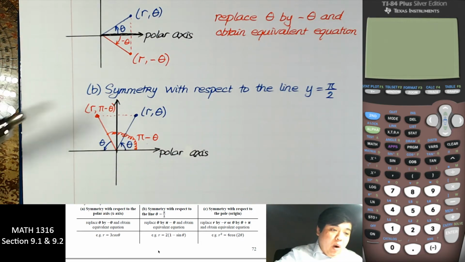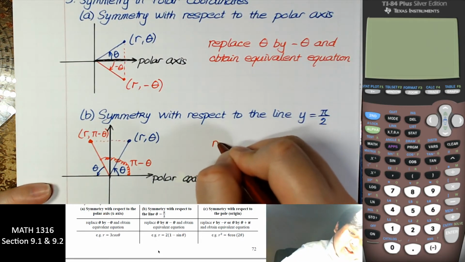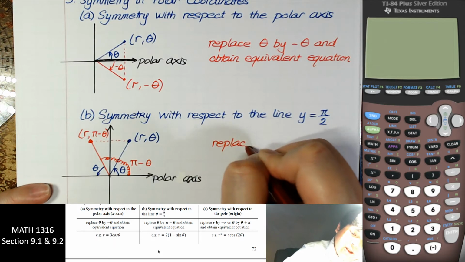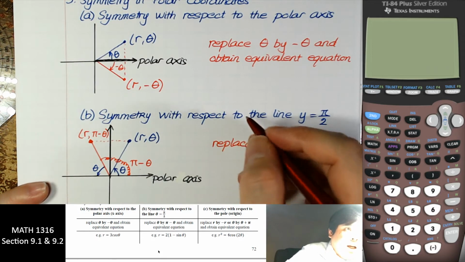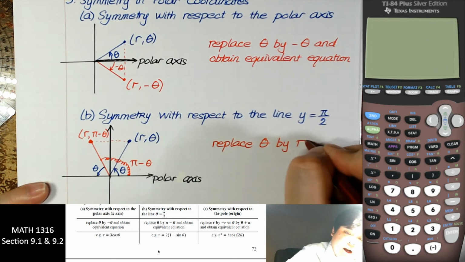So if we want this symmetry, what we need is to replace theta by pi minus theta.